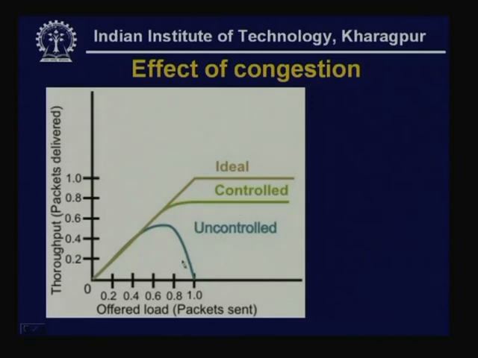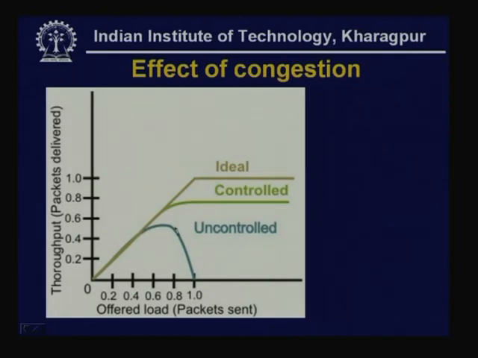In such a situation, initially as the offered load, or the number of packets introduced in the network, increases, all the packets get delivered, that means throughput, which is the packets delivered, follows linearly. If it is 0.2 of the total capacity, the throughput is also 0.2.